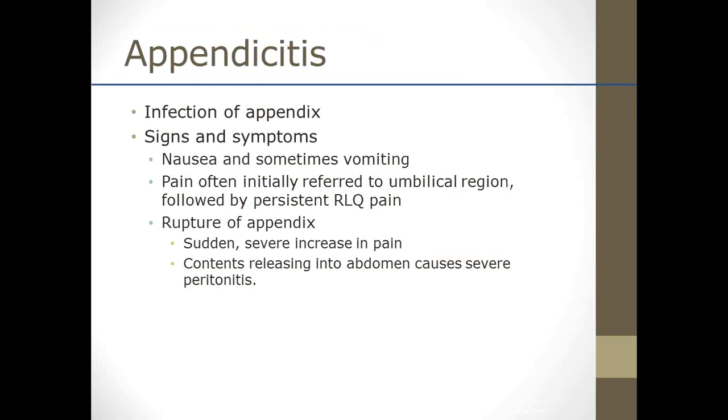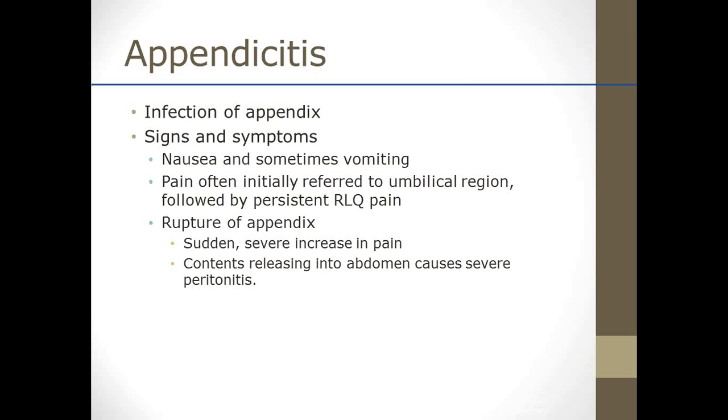So let's talk about some conditions really quick. These are some of the more common conditions that you're going to find. Appendicitis is a big one, and it's when our appendix is infected. Now, because we have an infection going on, we oftentimes are going to see the signs associated with that.